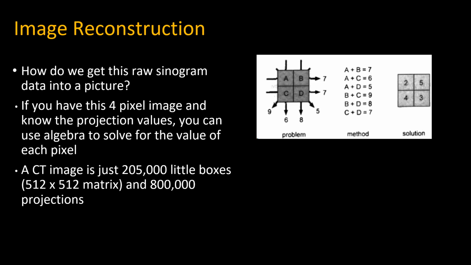We know that the sum of A and C is 6 here, and the sum of B and D is 8, and so on. This is like how we know the value of a projection after it passes through the patient. The same way we can figure out that A equals 2 and B equals 5, the computer can figure out that A should be a white pixel for bone and B should be a black pixel for lung, for example.